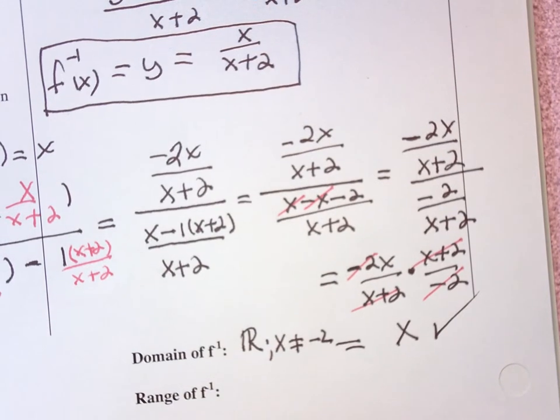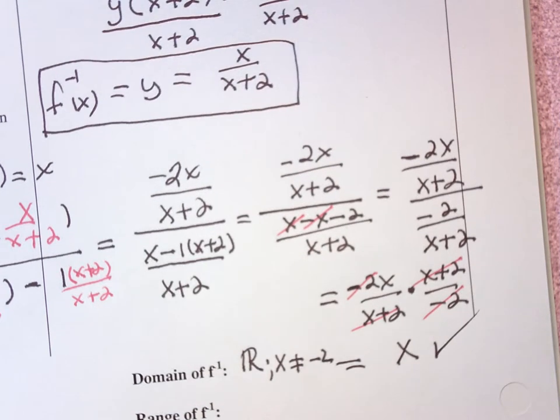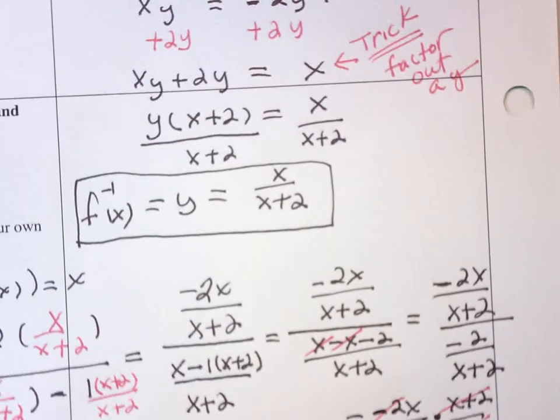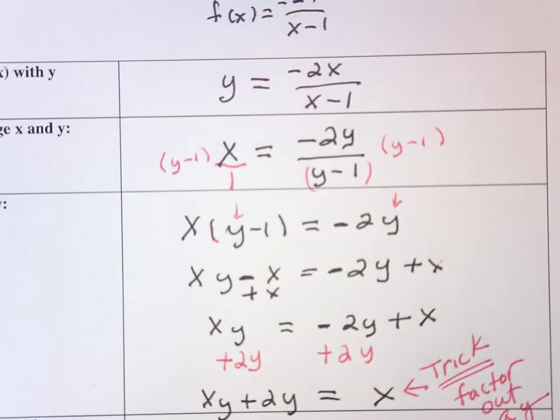What's the domain of the original function? And remember what the original function was way back when. There's the original function. What's this domain? All real numbers, x can't be 1.